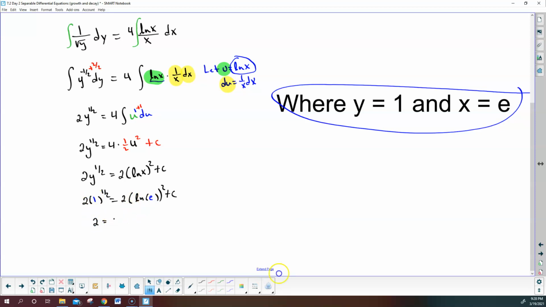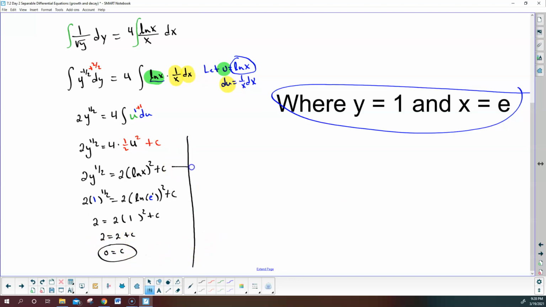The natural log of e, remember those are inverses of one another, so whatever e's exponent is, which is 1 if it's not written, they go away and the exponent is left over. So then 1 squared times 2 is 2, subtract 2, and we end up with c equaling 0.